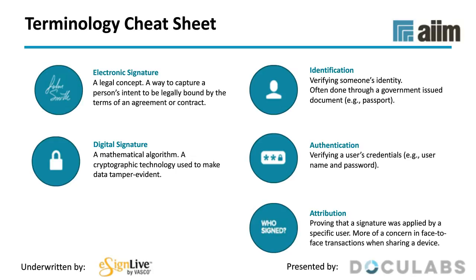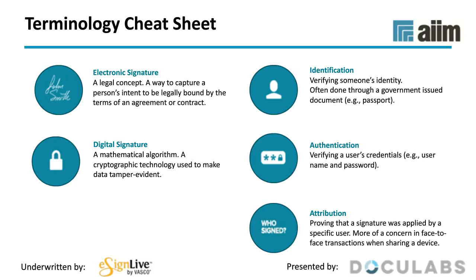Now, the last three terms that I have here have to do with proving who e-signed a document. We have identification, which is quite simply the process of verifying someone's identity, either in person or remotely, and this applies equally to electronic as well as paper-based transactions. Name and email address, those are examples of identification, okay?